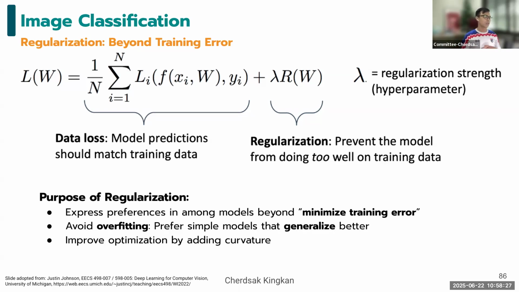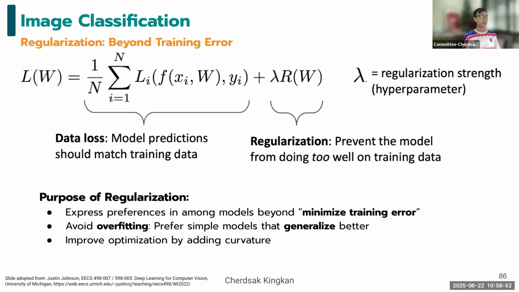And also, we add regularization to avoid overfitting, right? That's one of the very important problems in deep learning or machine learning, which is overfitting, all right? So we add regularization for that. And the third purpose would be to improve the optimization, right?